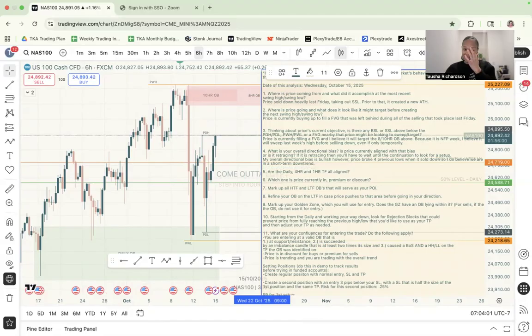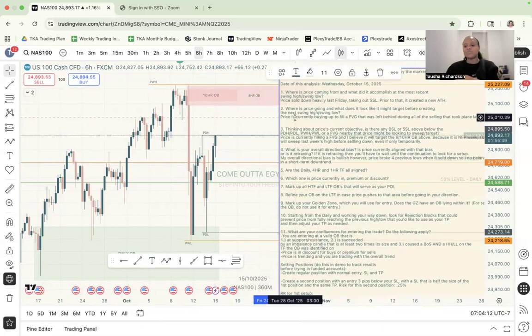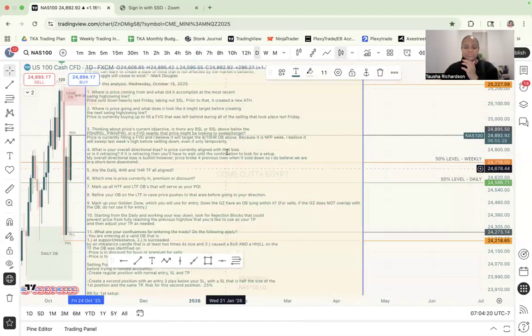Now, the next thing I'm going to ask myself is, are the daily, 4 hour, and 1 hour time frames aligned? Because I do want to see multiple higher time frame alignment to confirm what it is that I'm seeing. So we go to the daily.